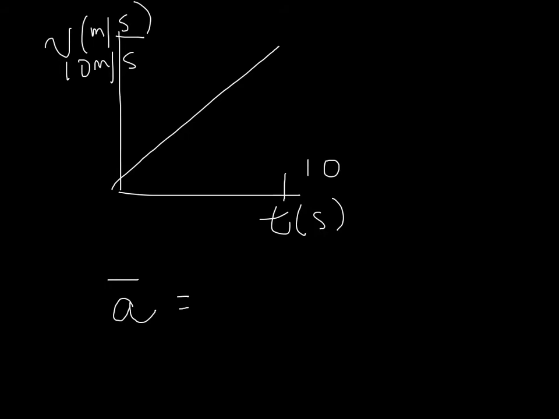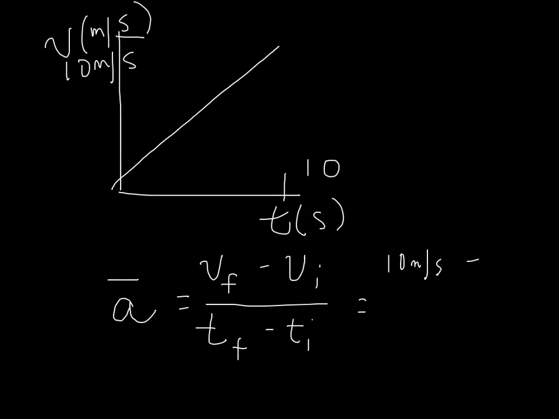And this equation is just the final velocity minus the initial velocity over, same thing as before, the final time minus the initial time. And in this instance, our average acceleration would be 10 meters per second minus 0 meters per second over 10 seconds minus 0 seconds.